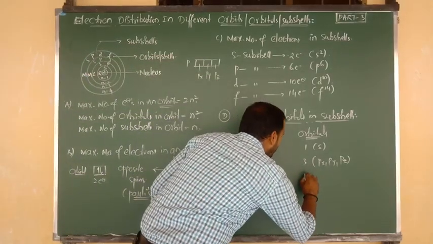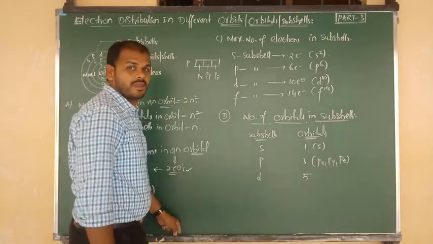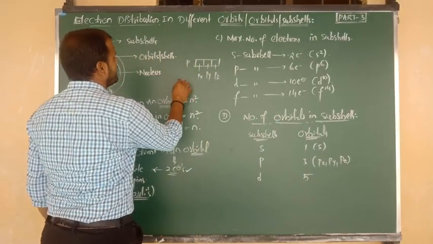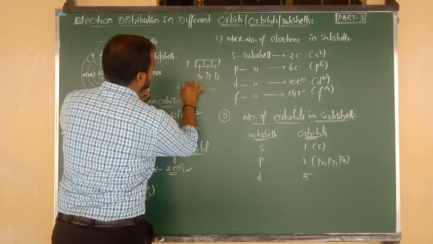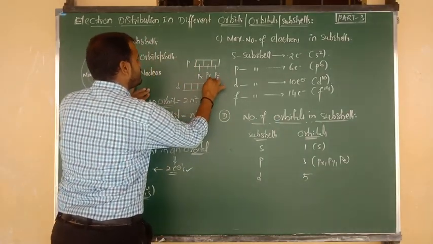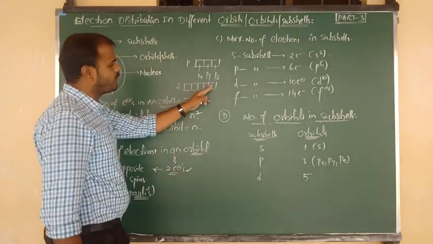The D subshell contains 5 orbitals. What are the 5 orbitals? One d subshell contains 5 boxes, I mean 5 orbitals: 1, 2, 3, 4, 5.